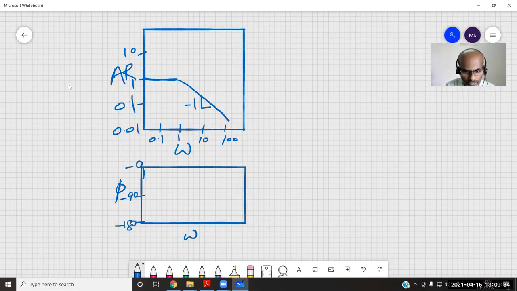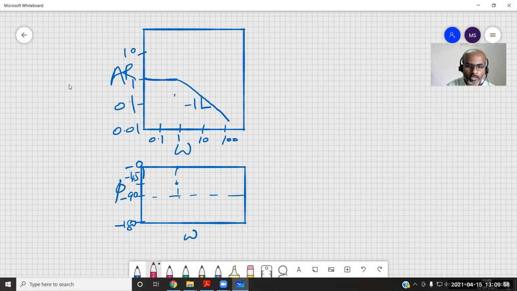Phase lag is always minus only. For a first order system, the maximum phase lag is -90, corresponding to omega tending to infinity. The midpoint, corresponding to omega tau of 1, has a phase lag of -45.